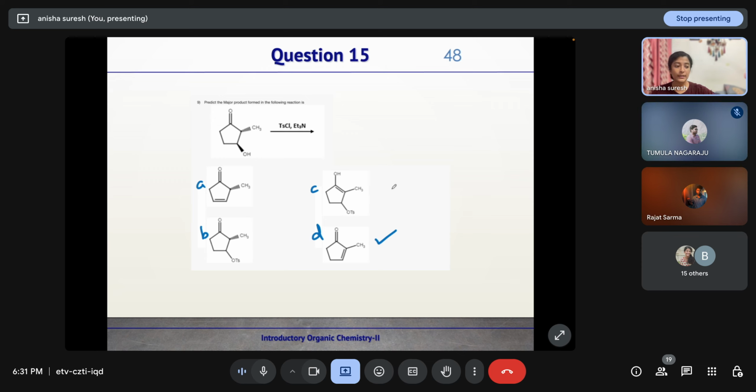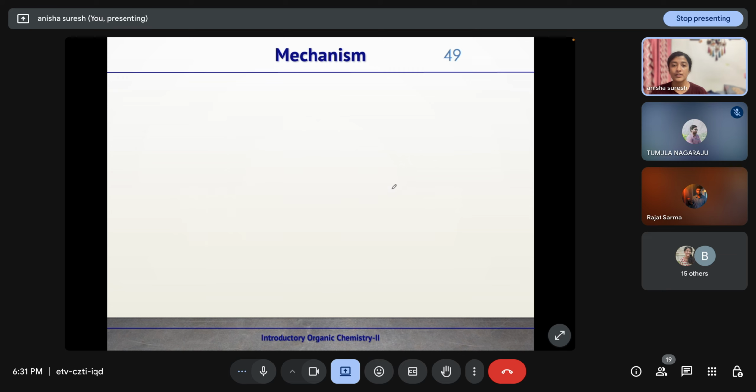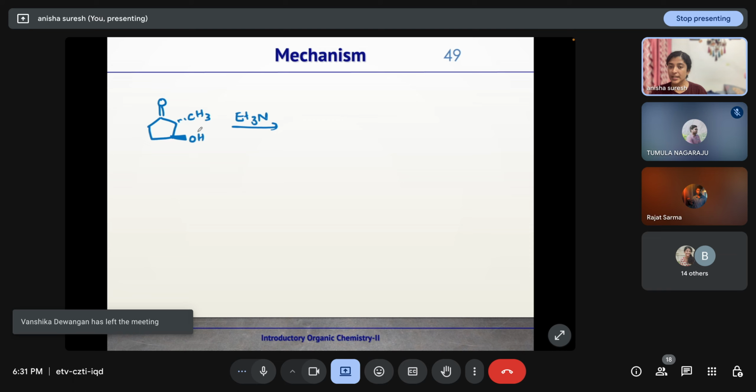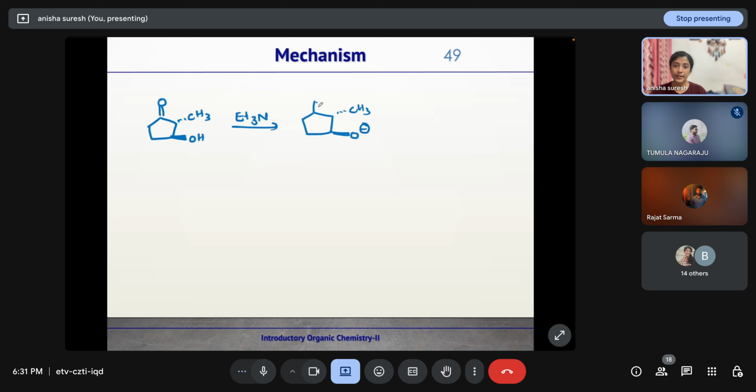First, the alcohol that is present here will get tosylated. This is the substrate we have, with OH and the CH3 double bond O. In the presence of triethylamine, which is a base, it will abstract this proton, giving O minus, which will react with tosyl chloride.